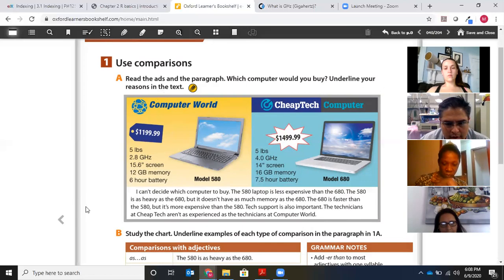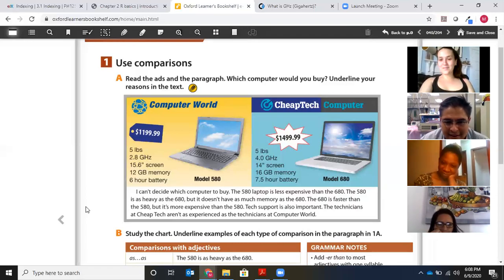The 680 is faster than the 580, but it is more expensive than the 580. Tech support is also important. The technicians at Cheap Tech aren't as experienced as the technicians at Computer World. Perfect. All right. So, which computer would you buy?